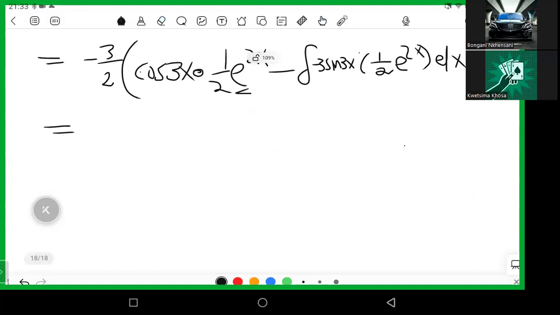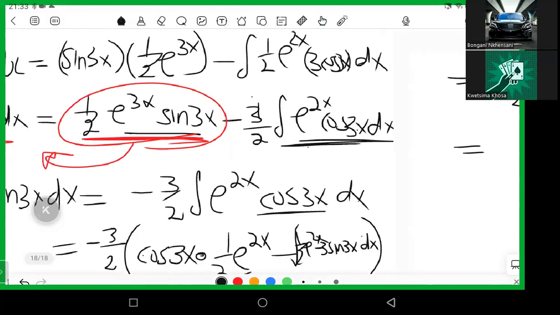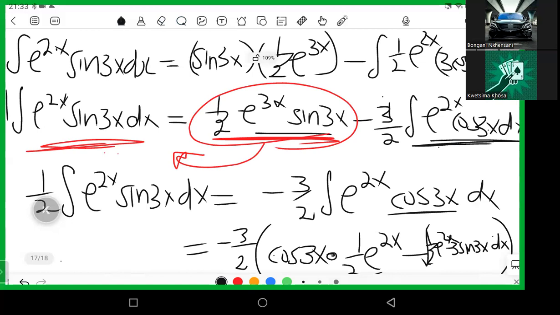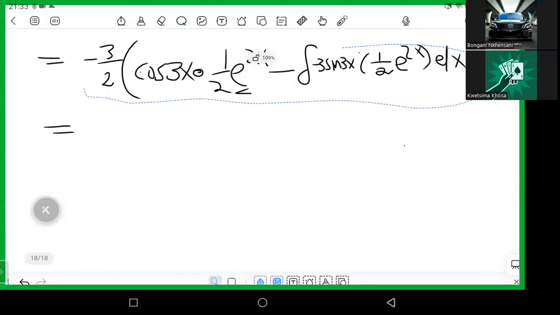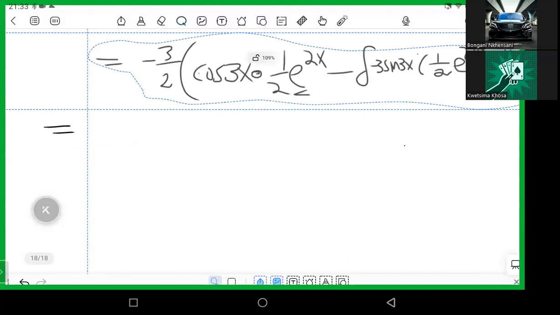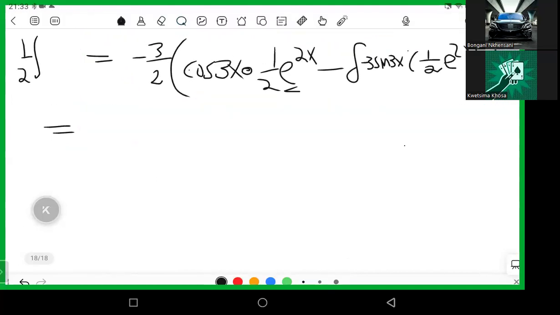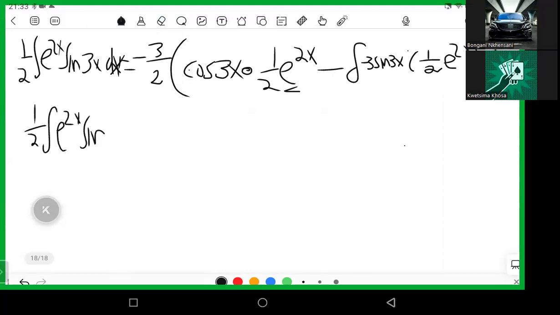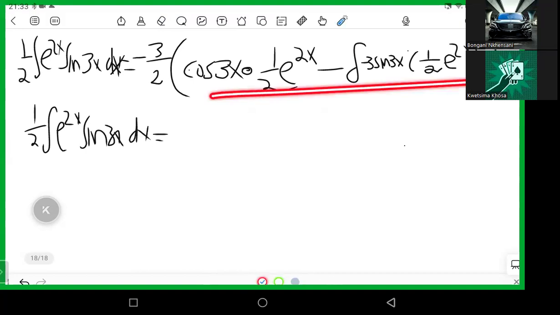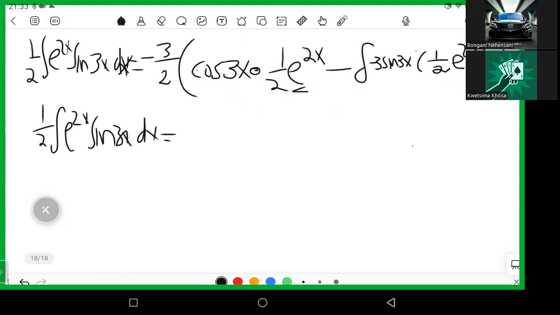So now if we simplify this, on the left we know we're having half the integral of e to the 2x sine of 3x dx. Then now we can simplify this. This is negative.